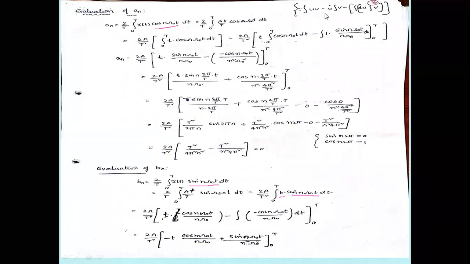Again, I am using the same equation here. That is integral uv, u as t, times integral v. Now the integral of v is a sine function. The integral of sine is minus cos n omega naught t, and the coefficient of t is n omega naught.